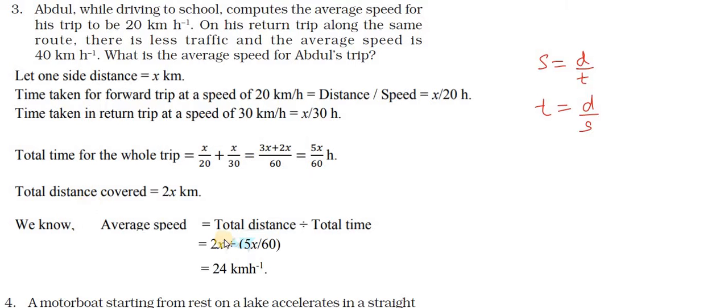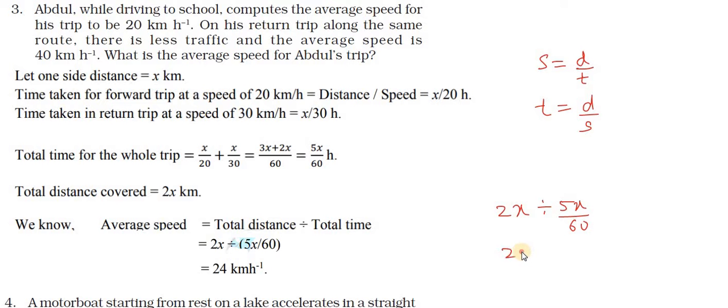So average speed, the formula to find speed is total distance by total time taken. So the total distance is 2x, divided by the time taken, 5x by 60. If we simplify this, 2x divided by 5x by 60.